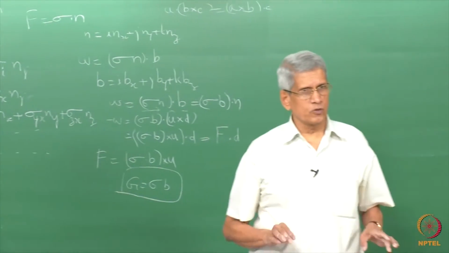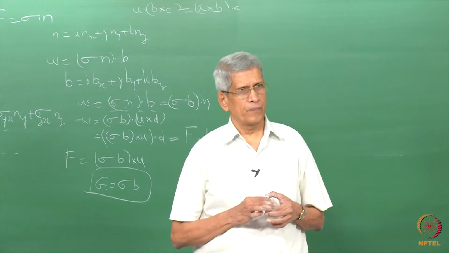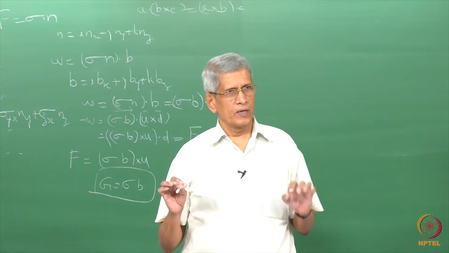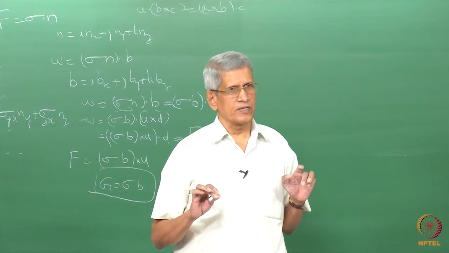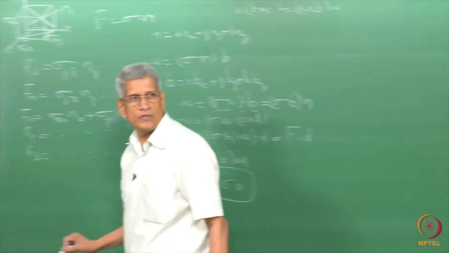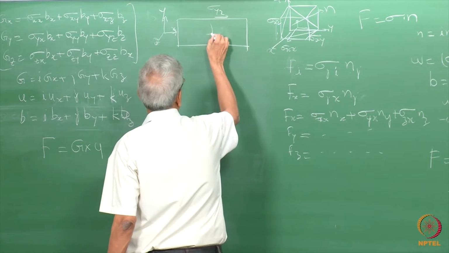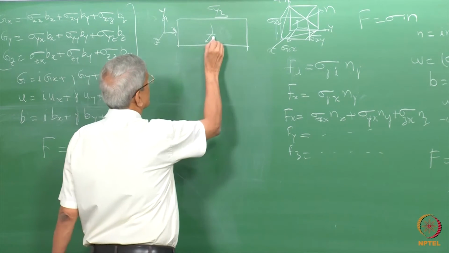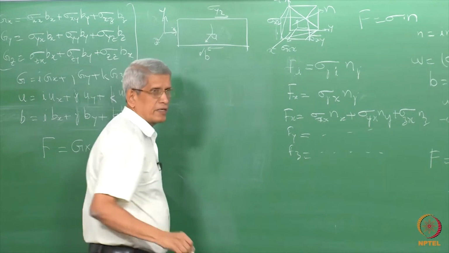Let us first consider the screw dislocation. In the case of a screw dislocation, the internal stresses which are generated are only in the sigma yz and sigma xz directions with respect to the coordinates which we have chosen. For a screw dislocation, this is the positive direction of the line direction, and the Burgers vector is also going to be in this direction, correct?